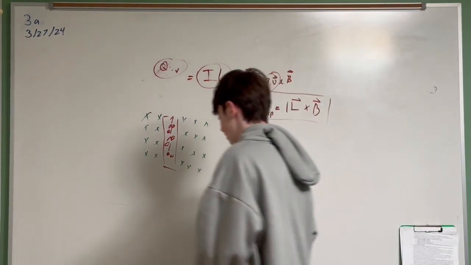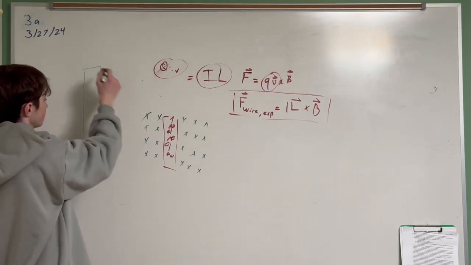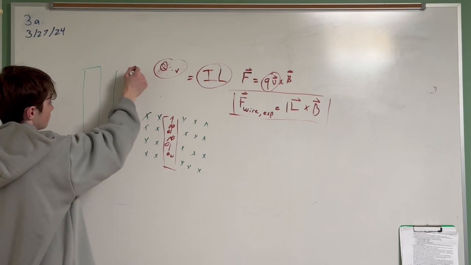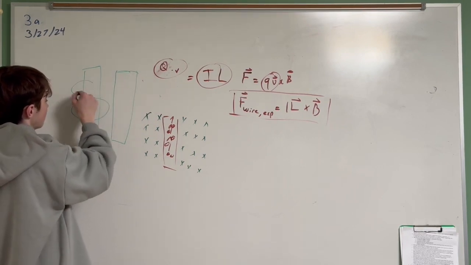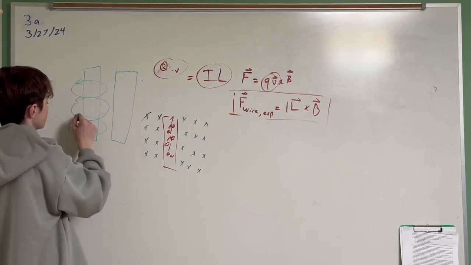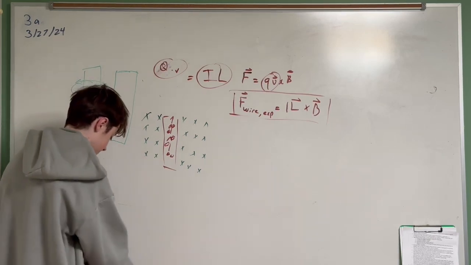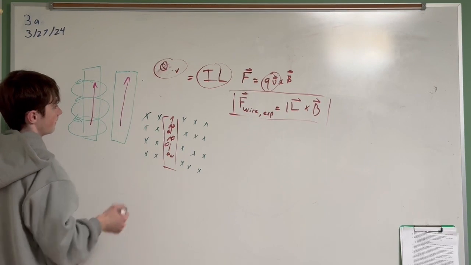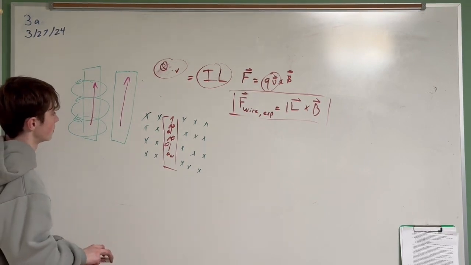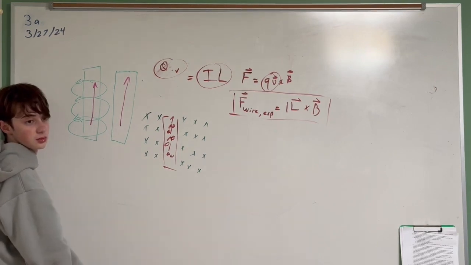So if we had two wires, we could treat one as creating the magnetic field. This one would have a current moving this way, and if this one had a current moving this way, which way would the force on the right wire be? It's L cross B. So L is this way.